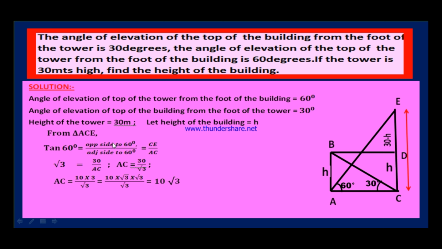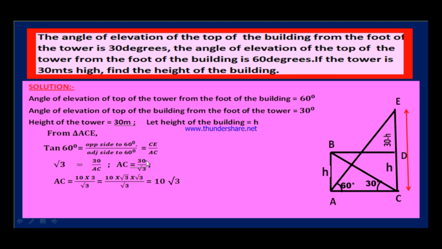Tan 60 degrees is equal to the side opposite to 60 degrees by the side adjacent to 60 degrees. For 60 degrees, the opposite side is CE and the adjacent side is AC. So tan 60 degrees, which is root 3, is equal to CE, the height of the tower, 30 by AC. Or AC is equal to 30 by root 3.